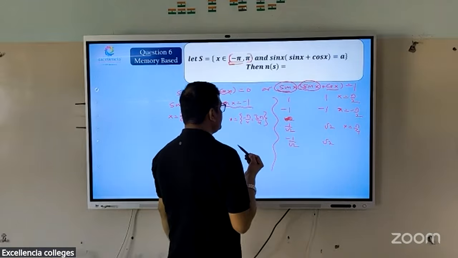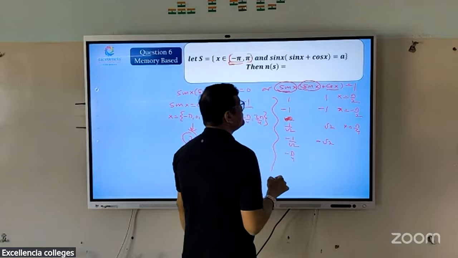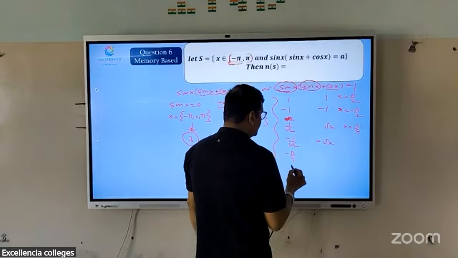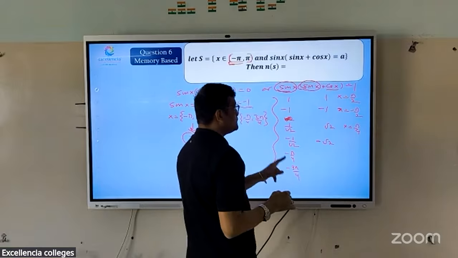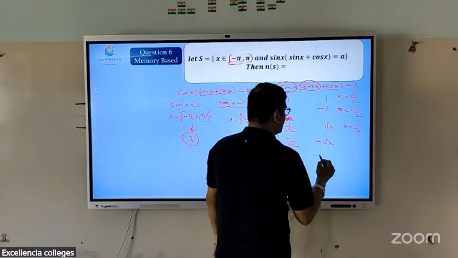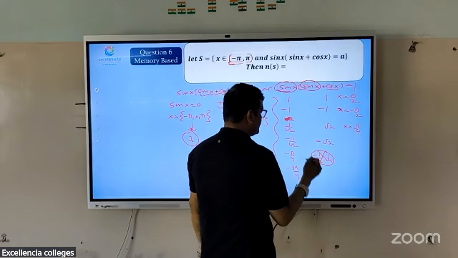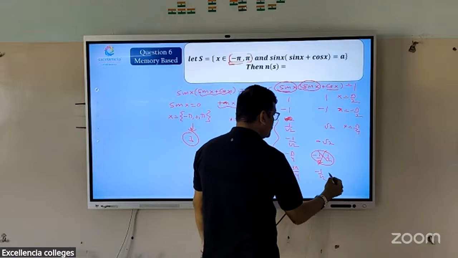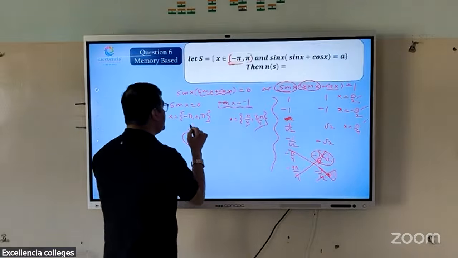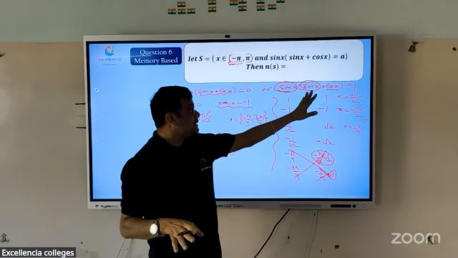And this is minus 5 by 4, and minus 3 by 4. Minus 1 by root 2 is possible, but minus 3 by 4 with 1 by root 2 is not possible. So this is not possible. I have 1, 2, 3, 4, 5, 6, 7, 8. As per me, there are 8 values. So this is the way it should be done.